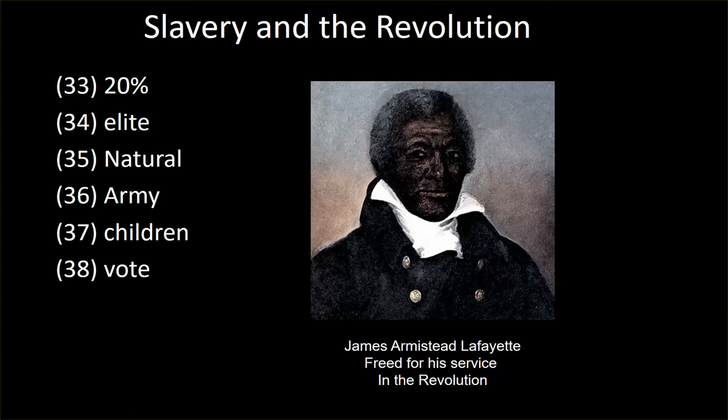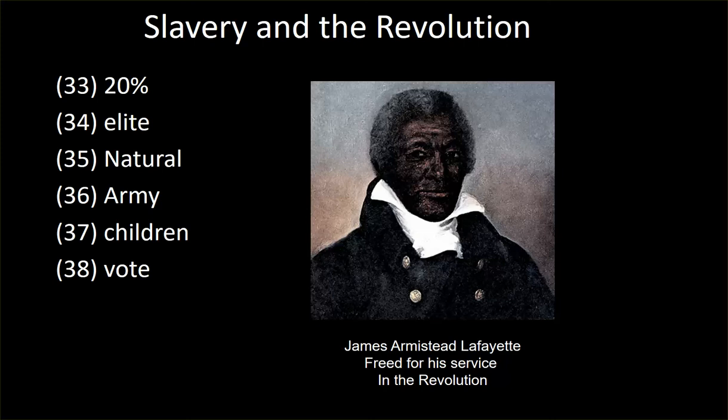Now, at the beginning of the war, George Washington would not accept black troops in the Continental Army. But he changed his mind after some British commanders offered freedom to any slave who would enlist in the British Army. So when Washington opened up the Continental Army, he got about 5,000 black men.